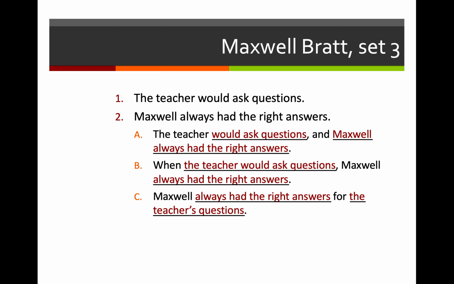Maxwell always had the right answers for the teacher's questions. Pausing and looking at those three very, very different structures. A is a balanced sentence, independent clause and independent clause. B is a subordinate clause kind of construction. Subordinate clause when, and then the main event after the comma, the independent clause. And then finally C, just a kind of complex independent clause all by itself.